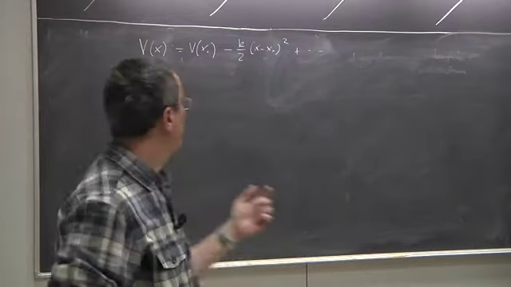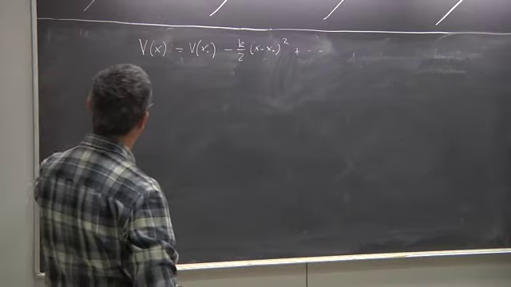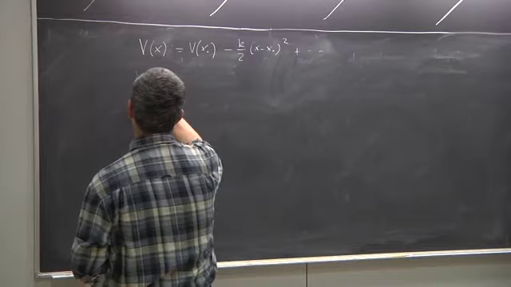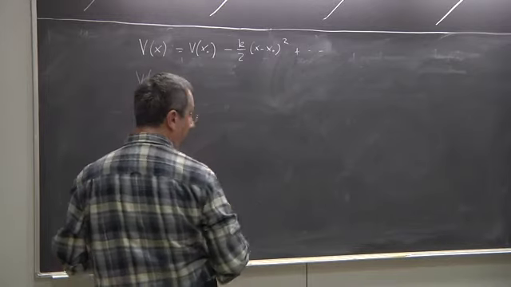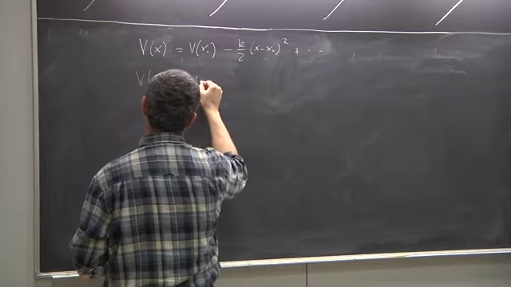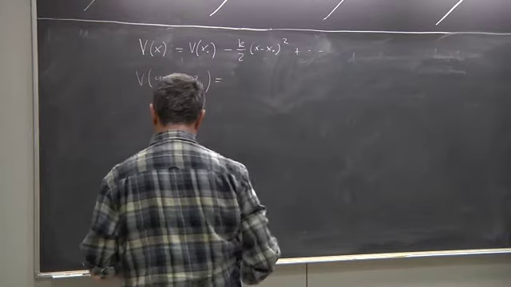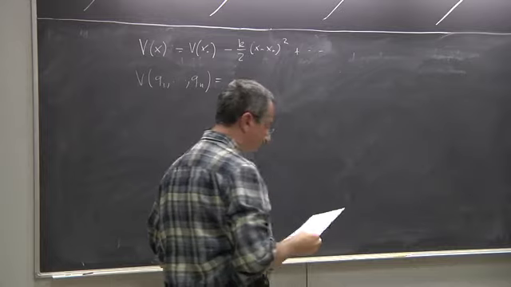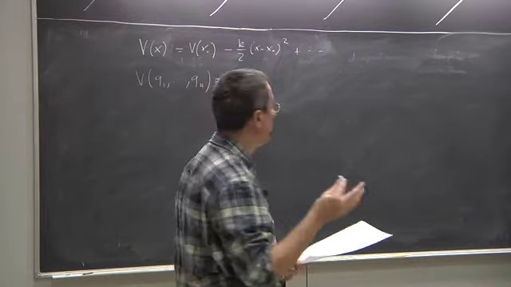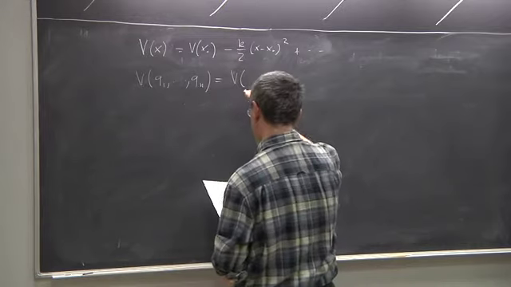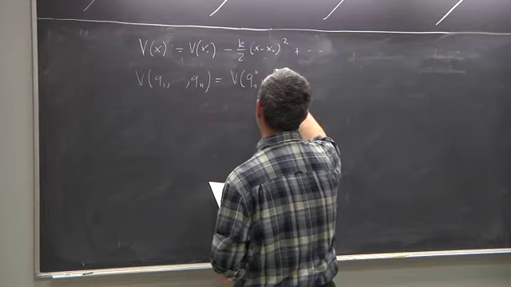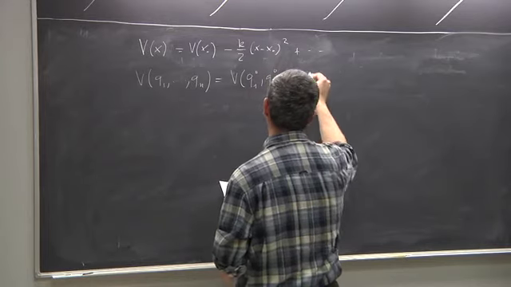Yeah. So you see that we did it on Wednesday for one generalized coordinate, but I can easily think of the potential as a function of n generalized coordinates, say q1, ..., qn. And then all I have to do is to expand about an equilibrium position that I identify by q01, q02, ..., q0n.